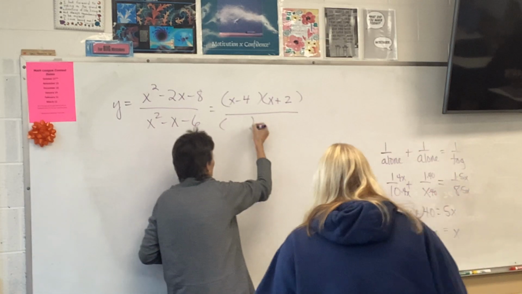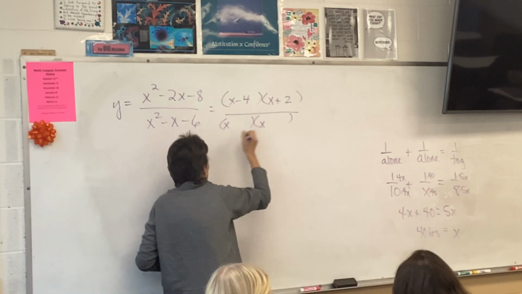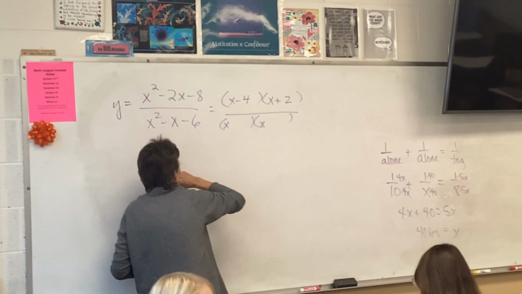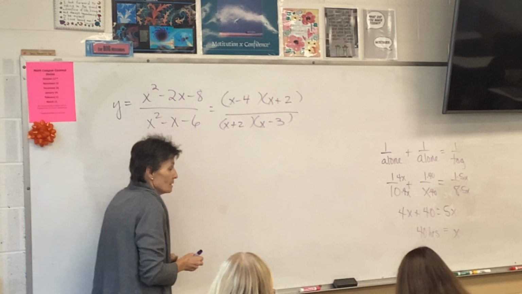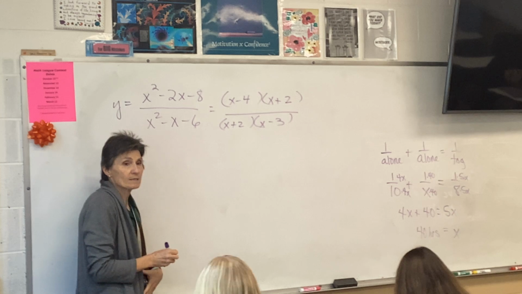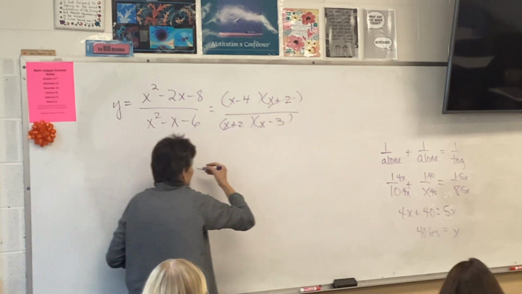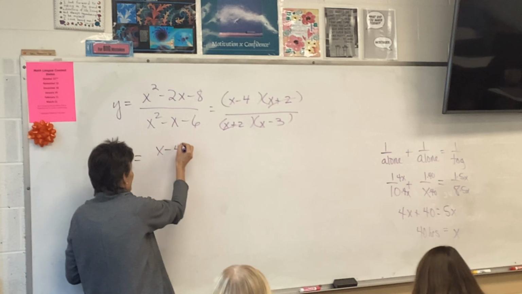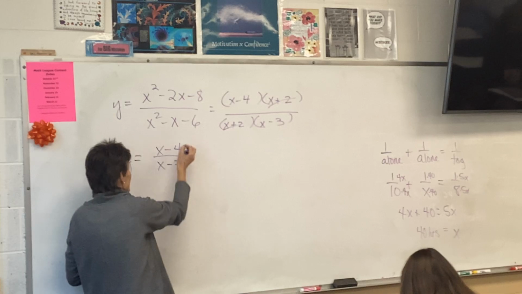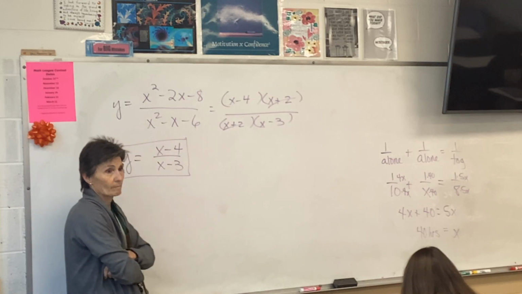How does my bottom factor? x plus 2 times x minus 3, okay. And then I notice that I have a cancellation. So I am going to graph (x minus 4) over (x minus 3). That is what I am graphing.